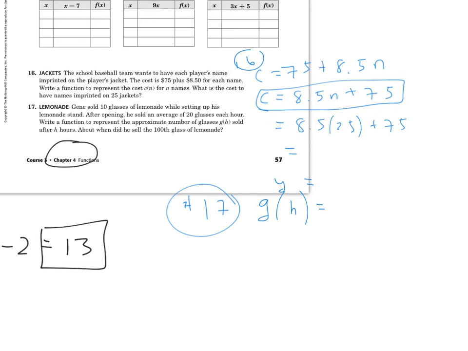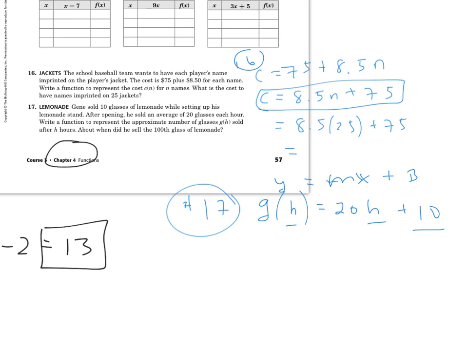Well, the thing is that if we're doing mx plus b, what's happening is he's really starting with 10 glasses sold. And that starting value is that fixed number that we care about, the y-intercept. And then he's selling 20 glasses per hour after he opens. So that's our slope, the 20 per hour, and H is the variable. And this H should match this H in the equation if you're doing it right.